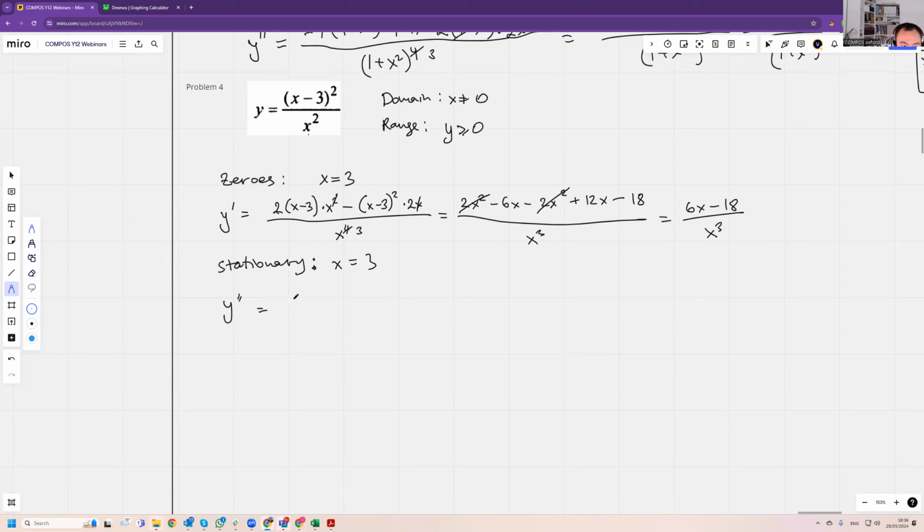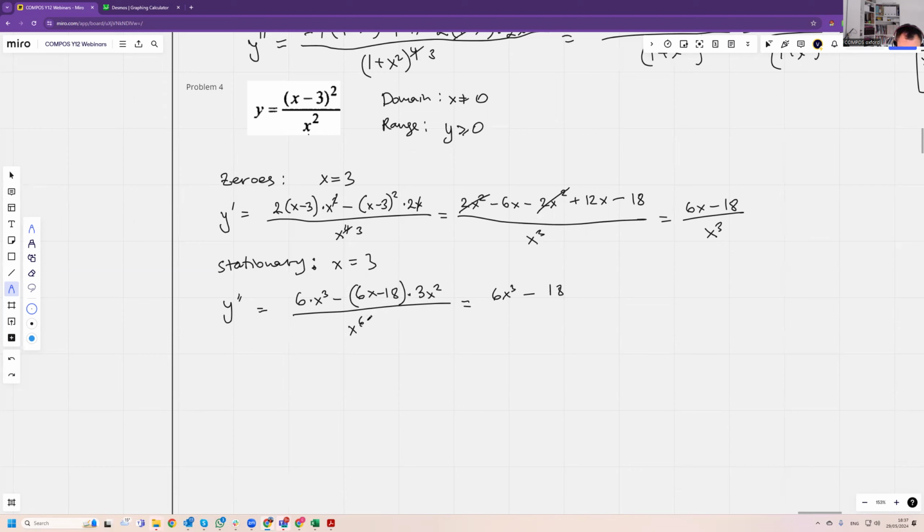It's going to be 6 multiplied by x cubed, minus 6x minus 18 multiplied by 3x squared, over x to the power 6. So 6x cubed minus 18x cubed, plus 54x squared.